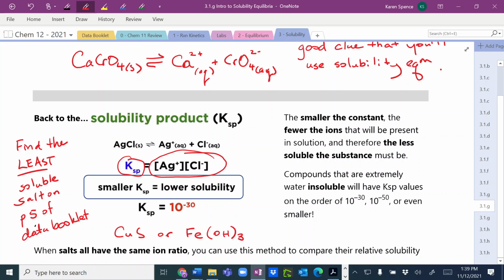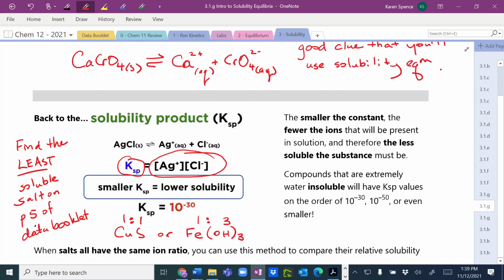And in this one, we have a 1-to-1 ratio between our ions. And in this other one, we have a 1-to-3 ratio between our ions. So we would have to do some fancier math to decide actually between those two.